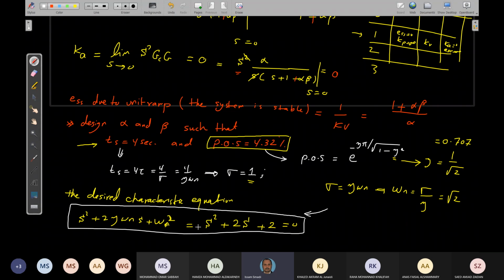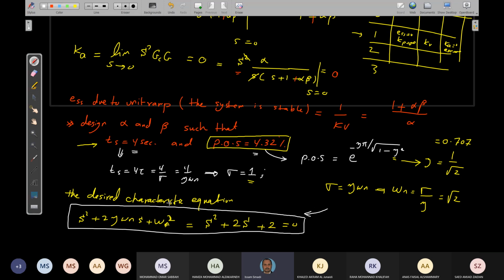So this can be seen as my reference model. I need my closed loop system to be identical to this characteristic equation.